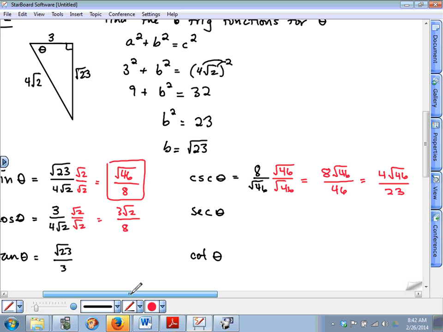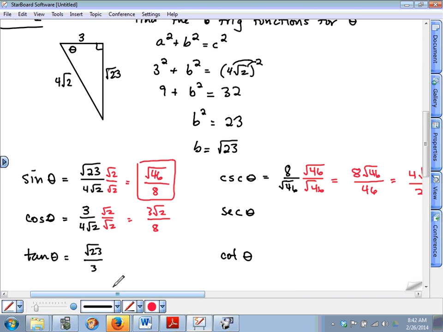Now let me make a suggestion to you here. You don't have to follow it. What is the secant the reciprocal of? The cosine. But do we necessarily have to take this and do the reciprocal of it?